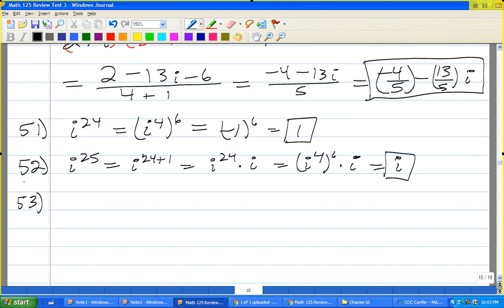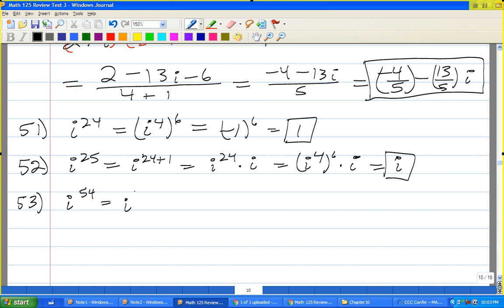Let me do problem number 53, i to the 54. Okay. So let's see. 52 is divisible by 4.